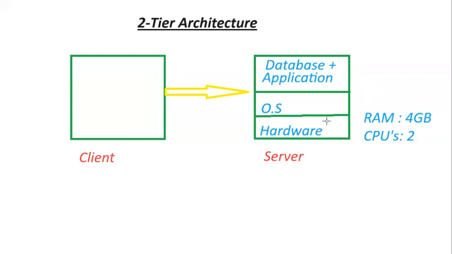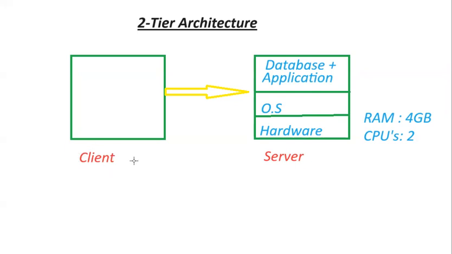Based on the RAM and CPU, our application will respond to the client. The application first communicates with the database, which retrieves the response to the application layer, and then from the application layer it sends the response to the client.